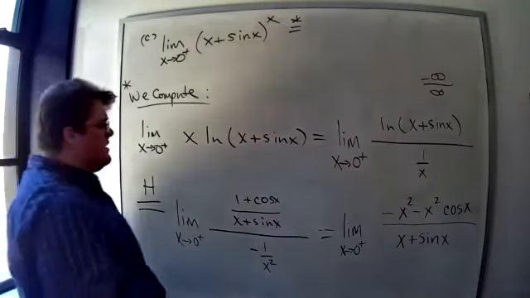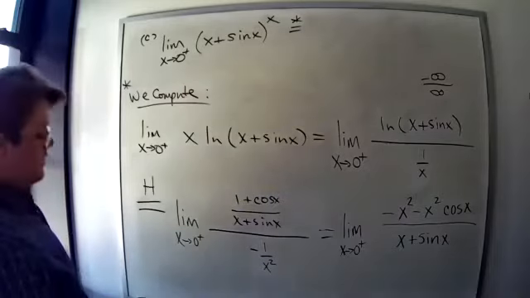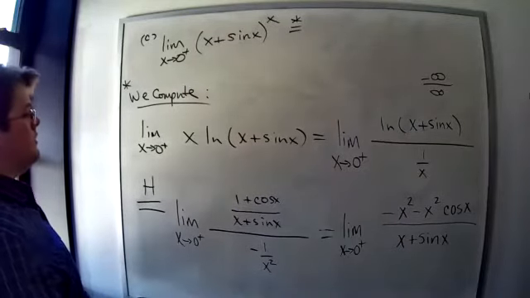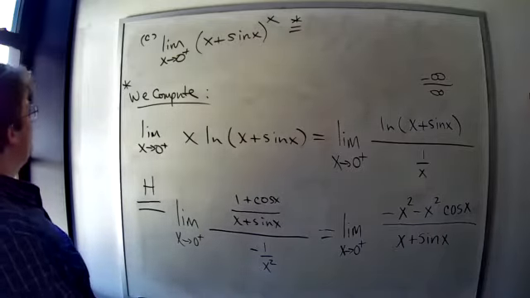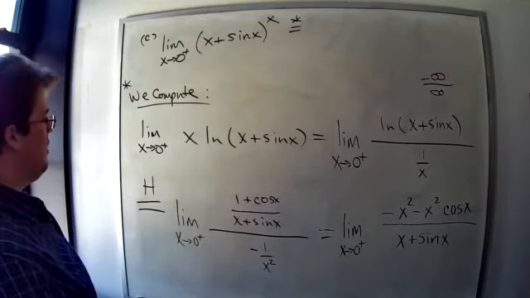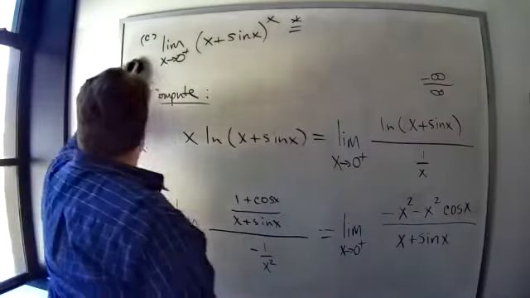Now, this limit doesn't look necessarily easier than previous limits. And sometimes with L'Hopital's rule, you can get trapped in applying L'Hopital's rule, making the problem more complicated. And this looks like that may be happening.